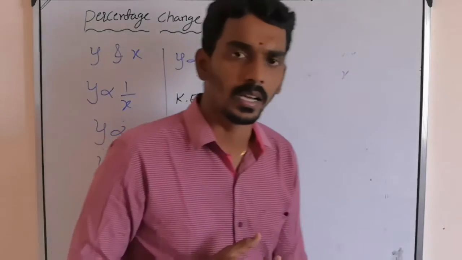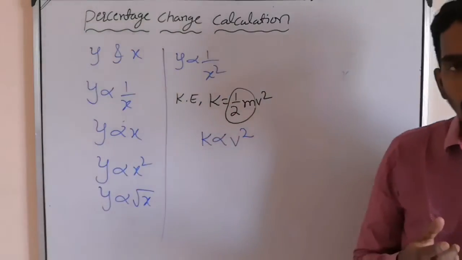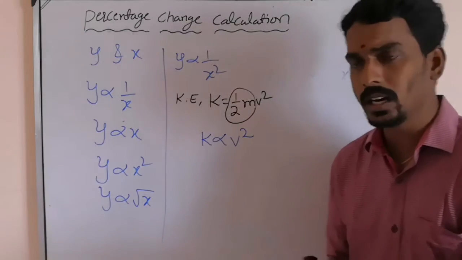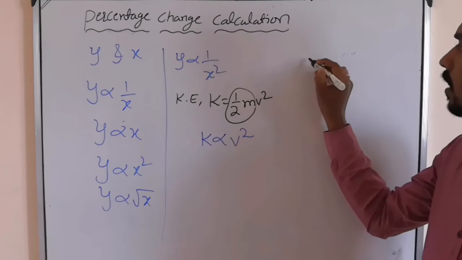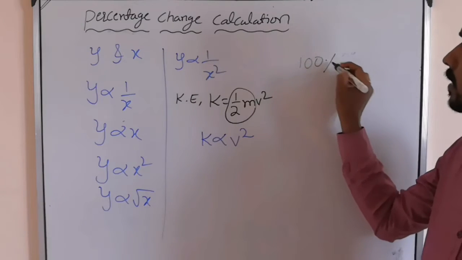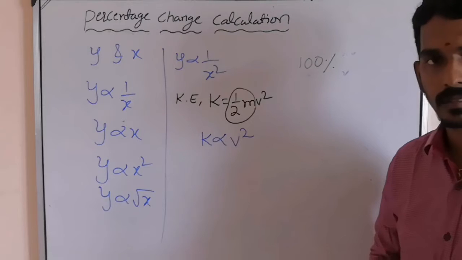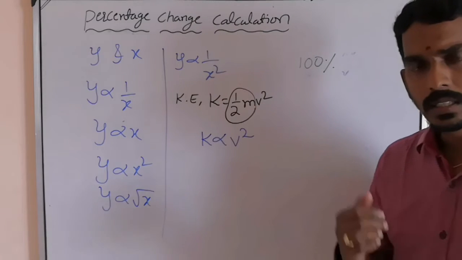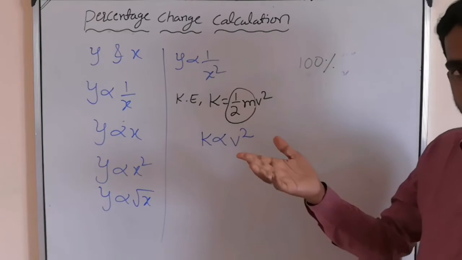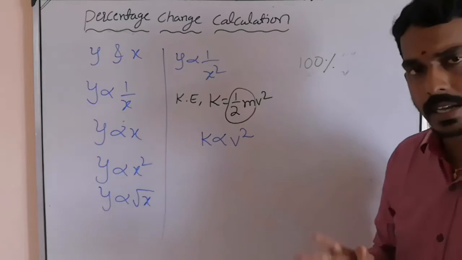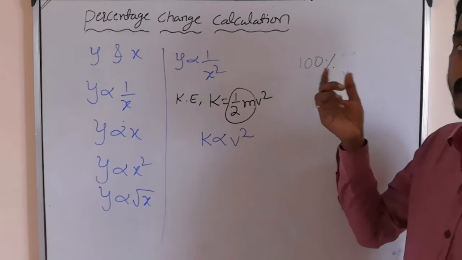Velocity of the particle. If the velocity of the particle increased or decreased by 100%, suppose, the data they have given, the velocity of the particle may increase or may decrease by 100%.